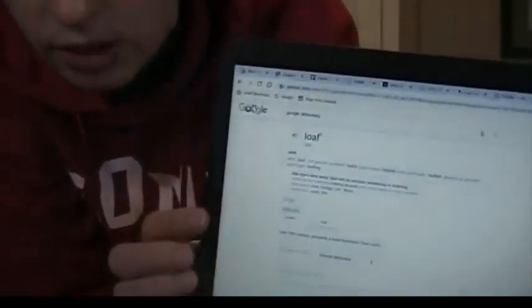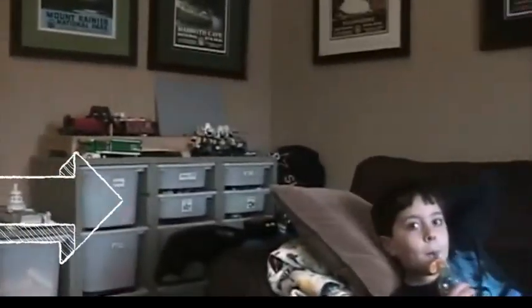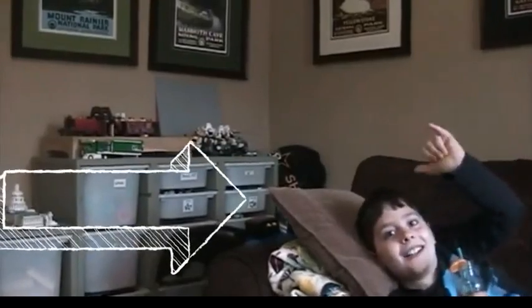Alright, so like laze around. So the first meaning of loaf meant a big slab of bread. The second meaning of loaf meant to laze around or idle one's time away. Okay? So you have to figure out in the paragraph whether they're talking about this loaf or that loaf.